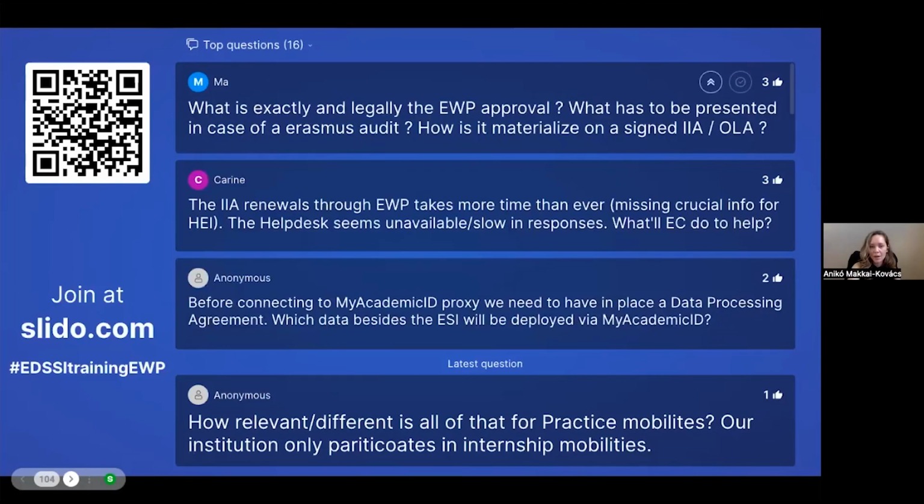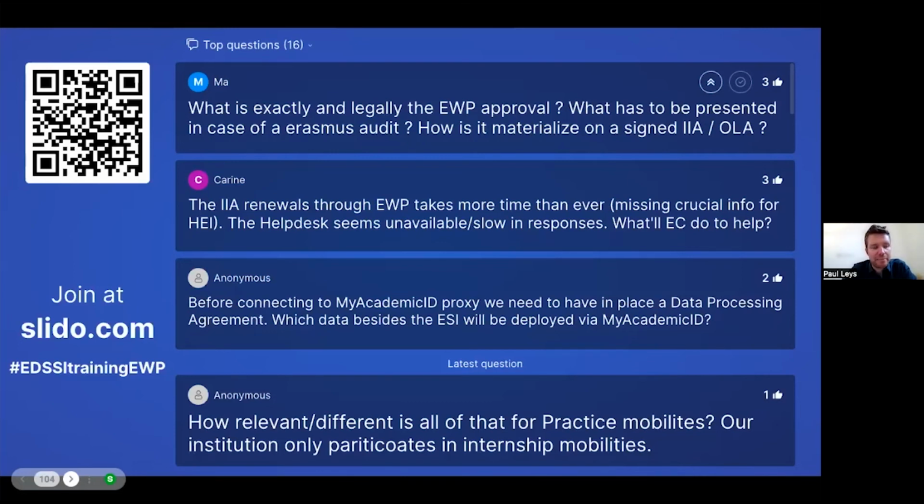Exactly. What is exactly and legally EWP approval? What has to be presented in case of an Erasmus audit? How is it materialized on a signed interinstitutional agreement and all? It's a complex question, good question. I can try to answer that one, Anikó, and it's indeed a very pertinent and important question, I would say.